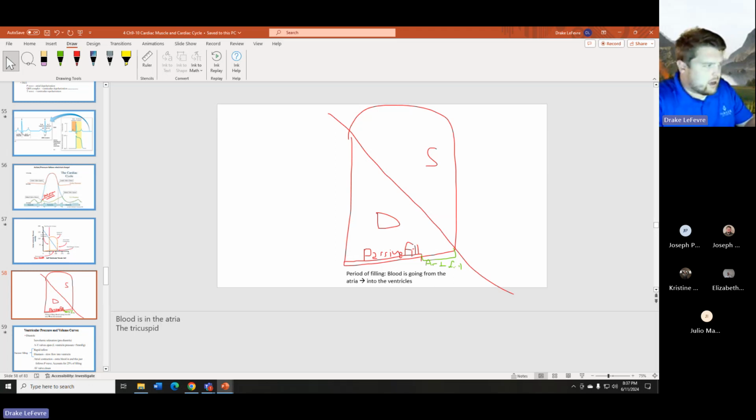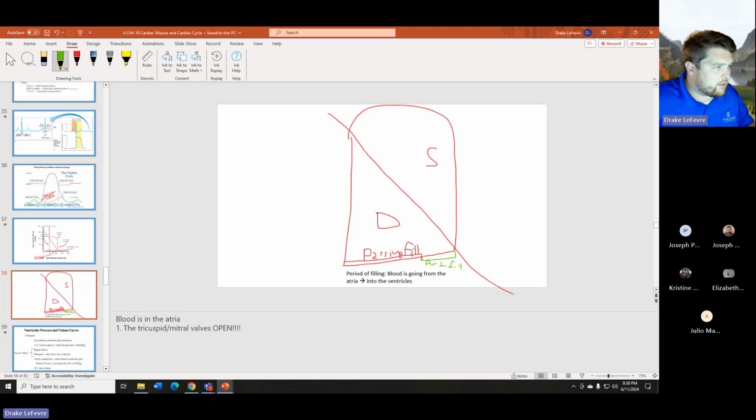The tricuspid, we'll actually go say right and left. So the tricuspid, and what's the name of the one on the left? Bicuspid, mitral, left AV. Good. The tricuspid and mitral valves open. And we're going to label that 1.